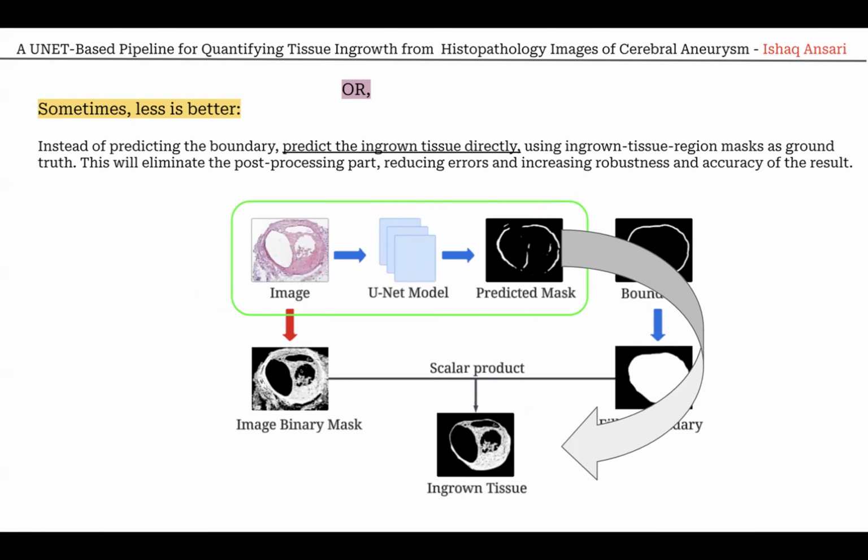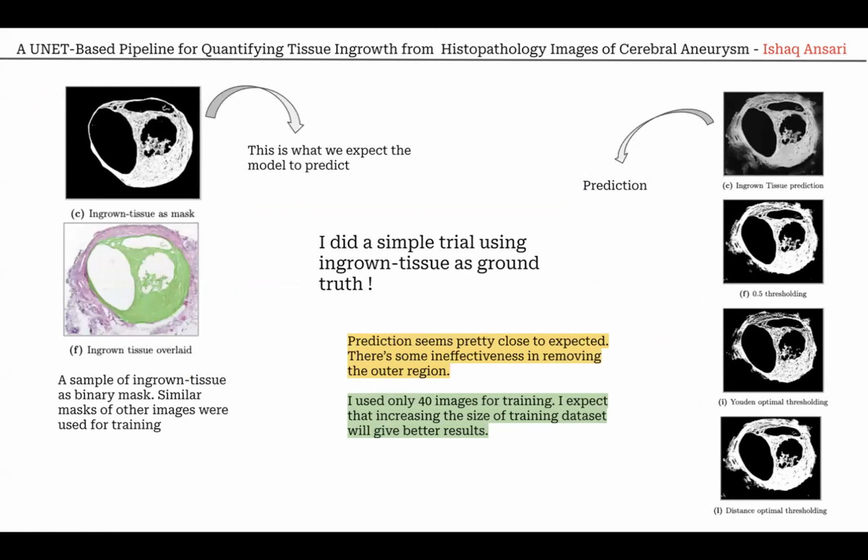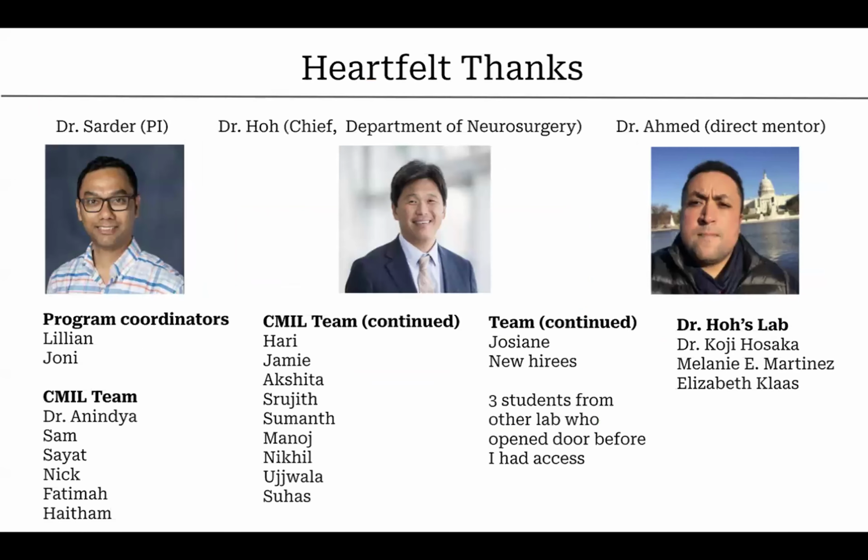If we can do that, the errors will be reduced and the model will be more robust and reliable. I did a simple trial using the incongruent tissue as my binary mask, and these are the predictions, which are very close to what we need. However, I believe that if we use larger data sets, we'll get more accurate results, because we worked on only 40 images, which is a very small number for training a model.